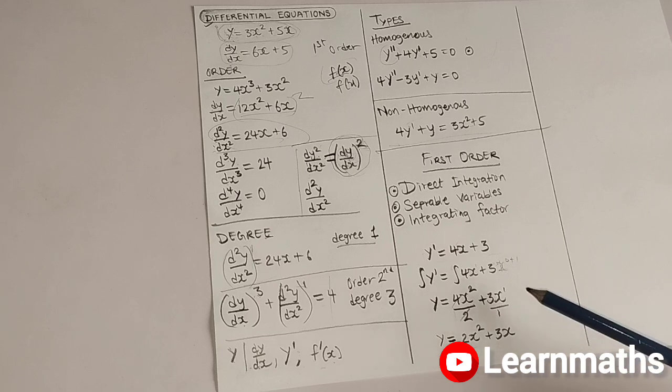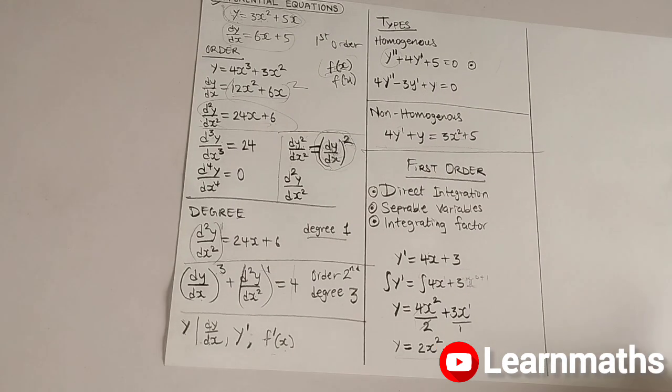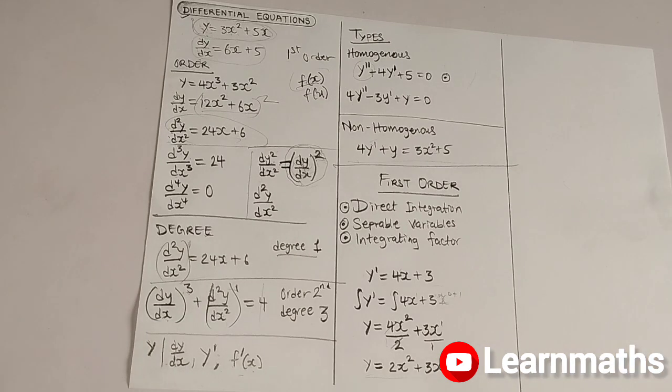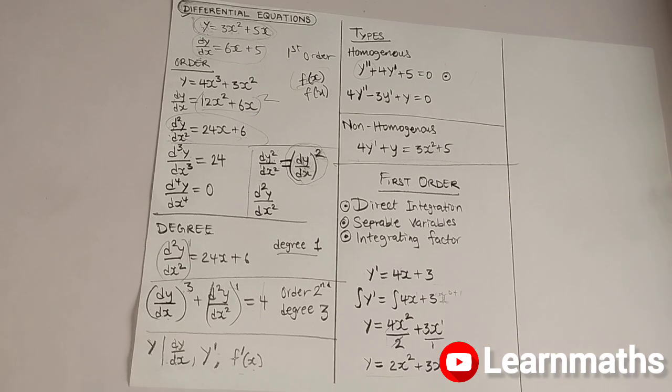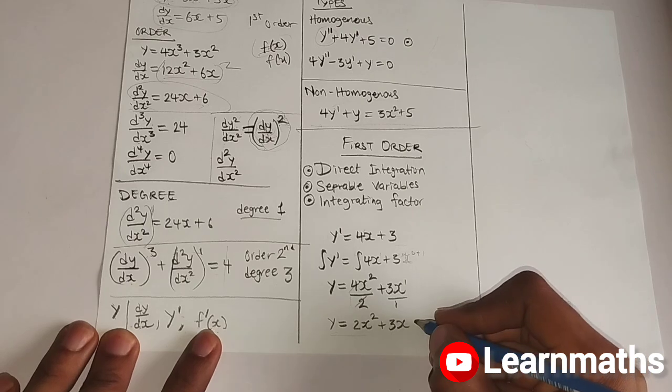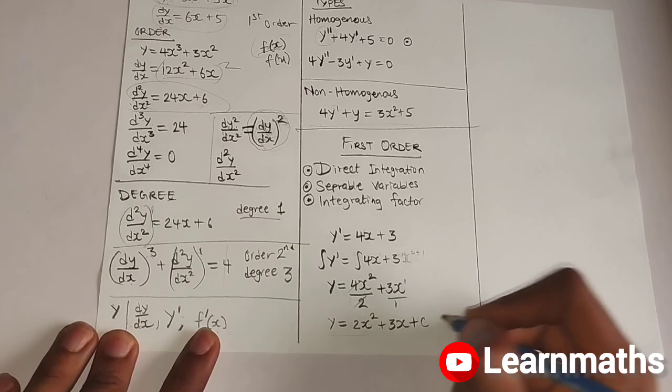If you see a differential equation that you feel can just be solved by integrating it directly, you use that method. There is no need to go around looking for a difficult method to use while solving a very simple problem. All right, so let's look at separable variables. Before we proceed to separable variables, this is actually plus c, right?